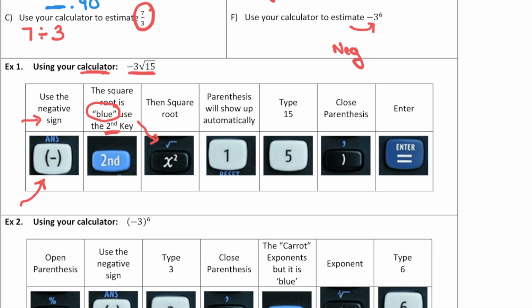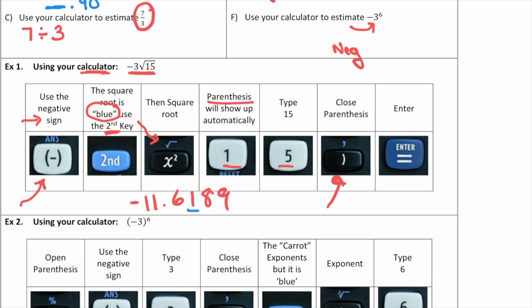Once you have the square root, a set of parentheses are going to show up automatically. We're looking for the square root of 15, so we're going to type in your 1 and your 5. Close your parentheses. It's always a good habit to keep your parentheses closed, and then press enter. So when you complete the -3 square root 15, the answer you should get is -11.6189.